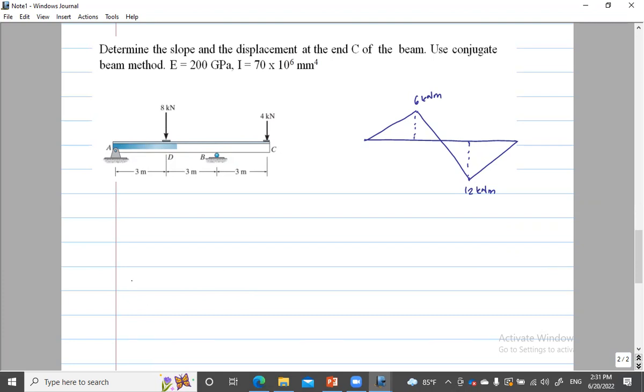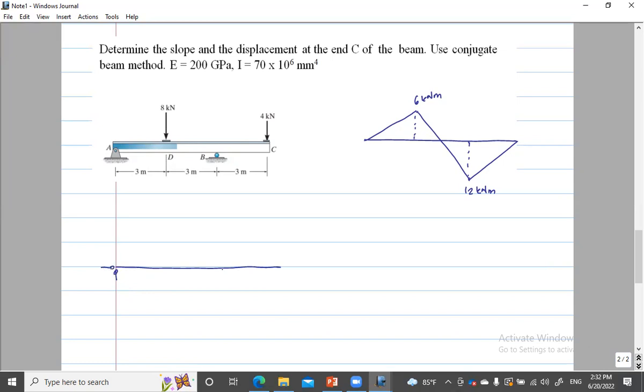So now we need to convert this to a conjugate beam. A pin is going to be a pin externally.